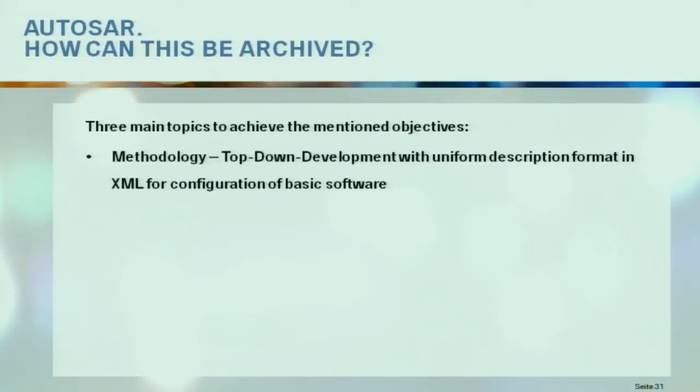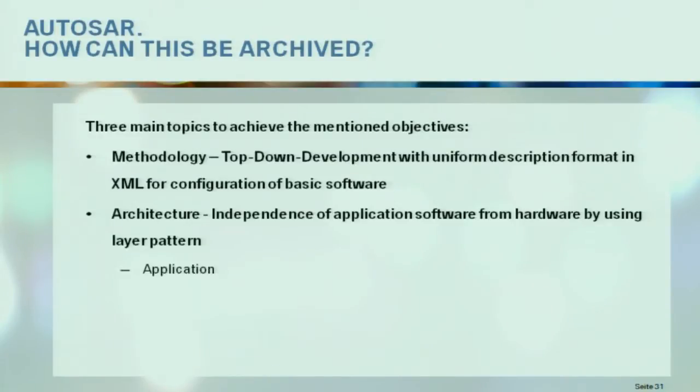In detail there are a little bit more layers, but there are 3 layers. So we have the application layer. We have the so-called runtime environment, which is responsible for communicating between the application parts and the operating system. And we have the operating system or the so-called basic software. So this is how it was done, to provide an independent architecture for the application.